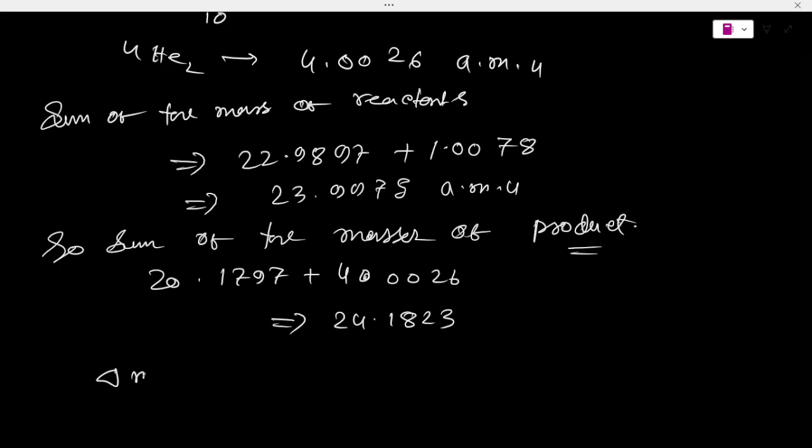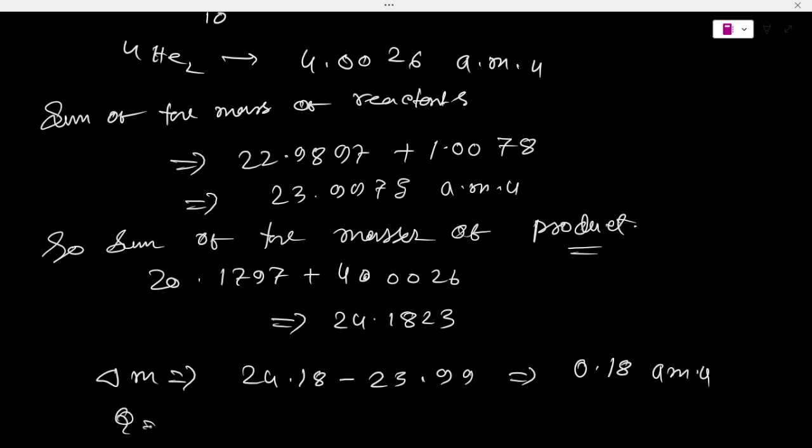So delta m will be what? Delta m will be 24.18 minus 23.99, so it will be around 0.18 atomic mass unit. Okay, so Q will be what?